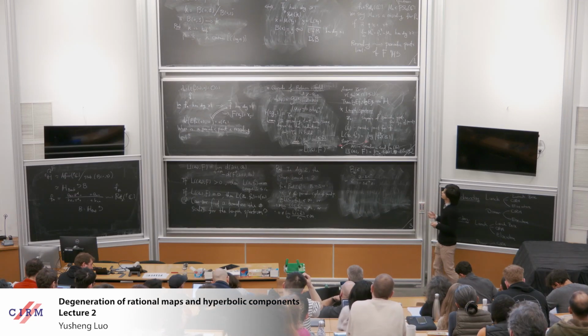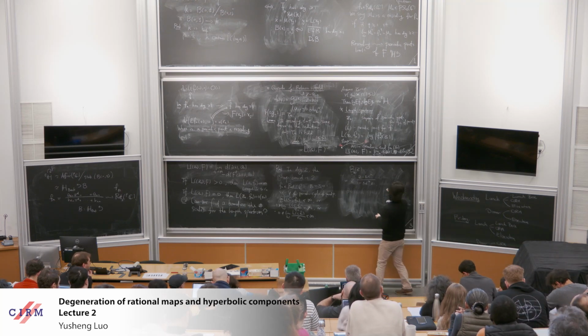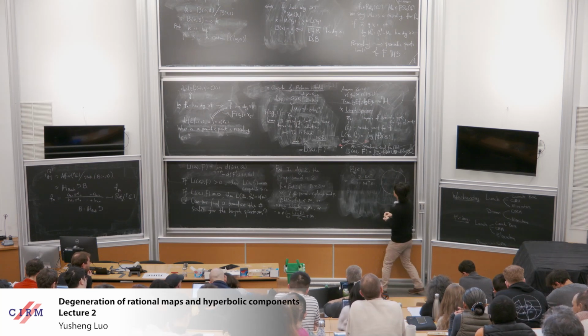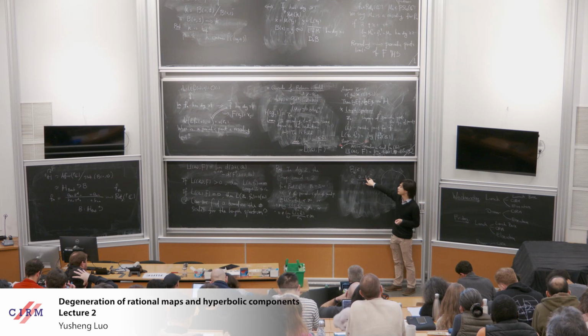So this is a proper map of the disk of degree 2. There's only one parameter here, which is this R_n e^{i theta_n}.